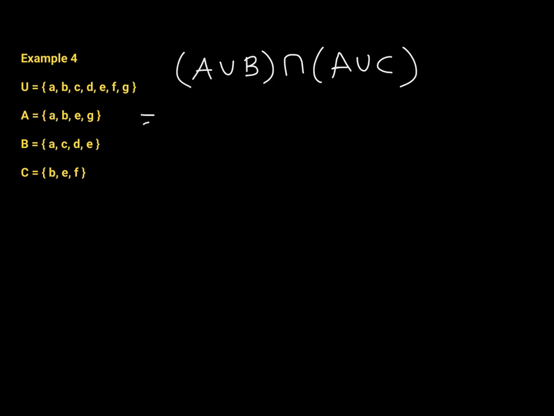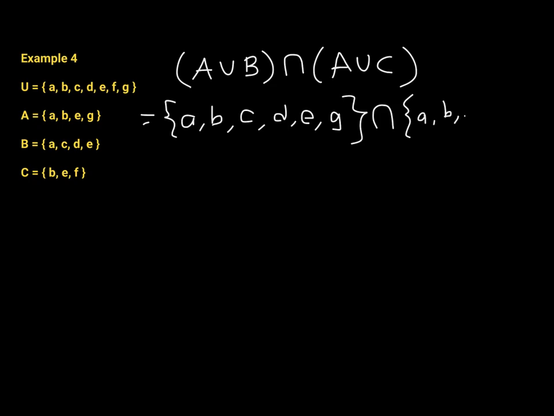So what is A union B? The set A union B is the set of all elements that are in A or in B. So that's going to be A, B, C, D, E, and G. This is A union B. The intersection of that set and the set A union C. So that's going to be A, B, E, F, and G. Just being careful here.